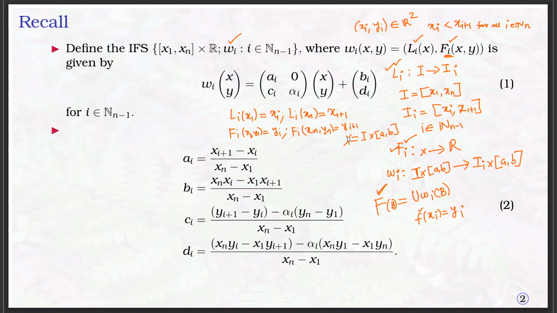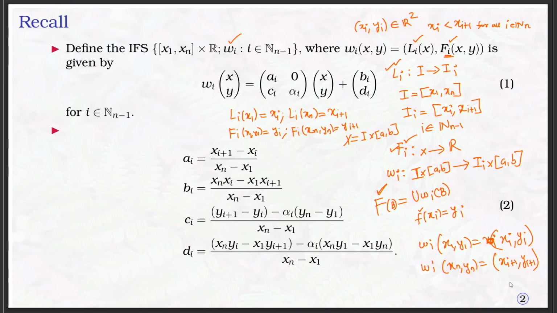Like that we define this Li and Fi. Therefore, this Wi satisfies the endpoint conditions: x1 comma y1 maps to xi comma yi, and xn comma yn maps to xi plus 1 comma yi plus 1.